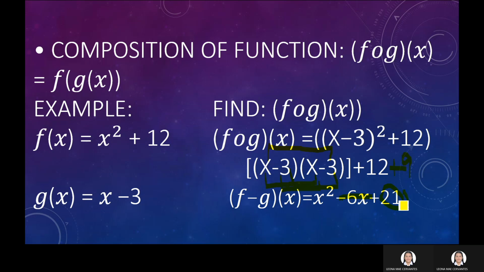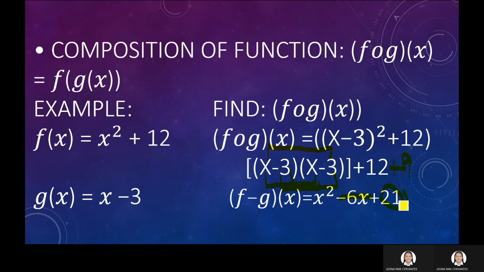We have f of x is equal to x squared plus 12. Substitute x with the value of g of x. So we have x minus 3. So positive 2 minus 3 squared plus 12.